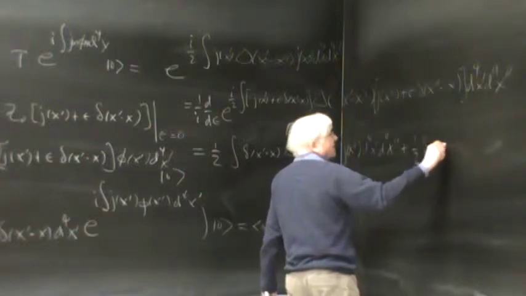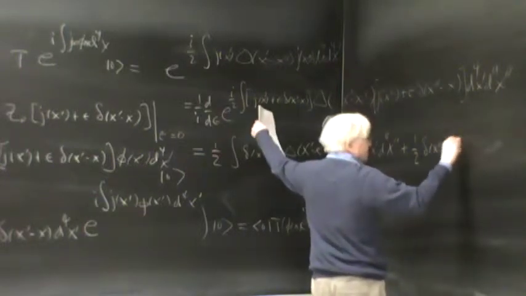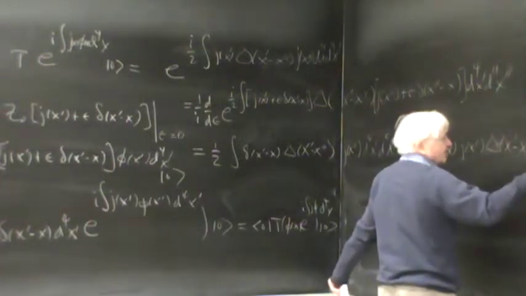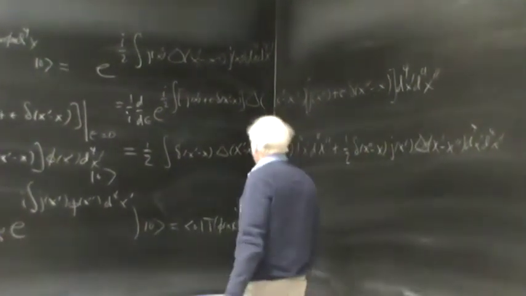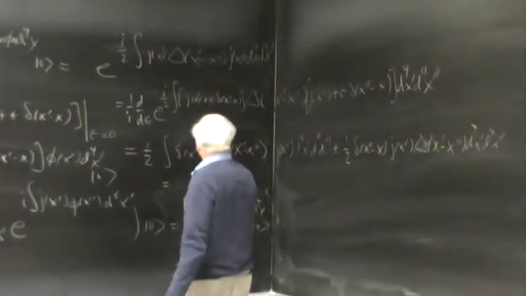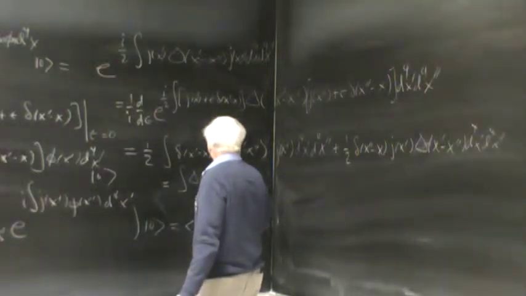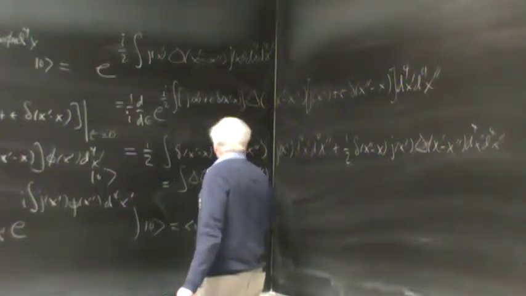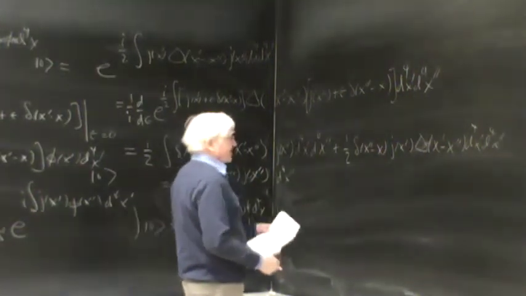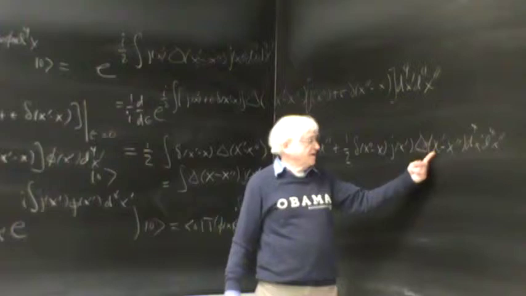And then with respect to that epsilon, we get another factor of 1/2 delta of x double prime minus x, and then over there, j of x prime, delta of x prime minus x double prime, d4x prime, d4x double prime. And so now the integration over x prime just replaces x prime with x, and so what we get is an integral delta of x minus x double prime, j of x double prime, d4x double prime, with a half, but on the other hand, over here, the integral over x double prime just gives us j of x delta of x prime minus x.